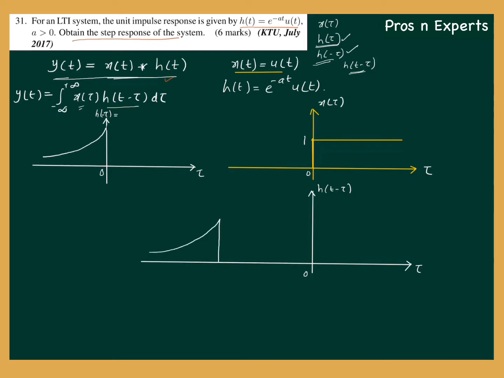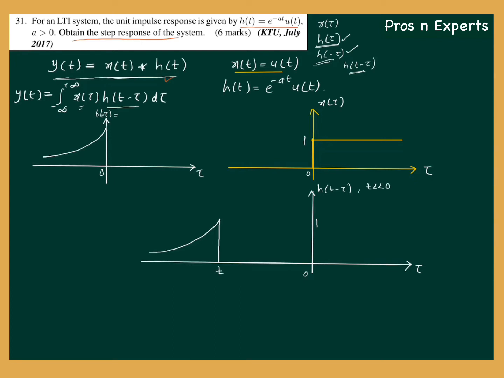I could draw it like this. This is 0, which is shifted or added with t. t is negative, so this end will be t, and the amplitude is 1 here. So this is h of t minus tau for t very less than 0.